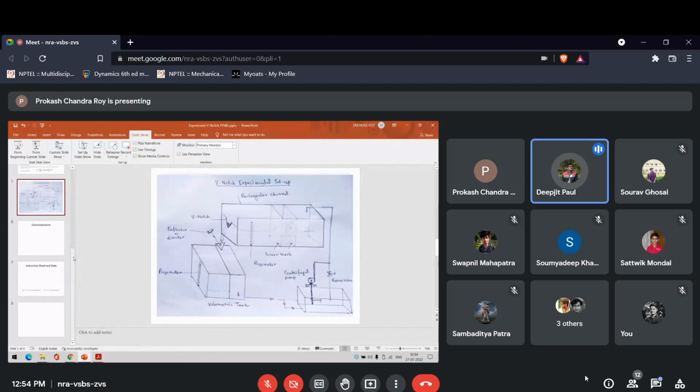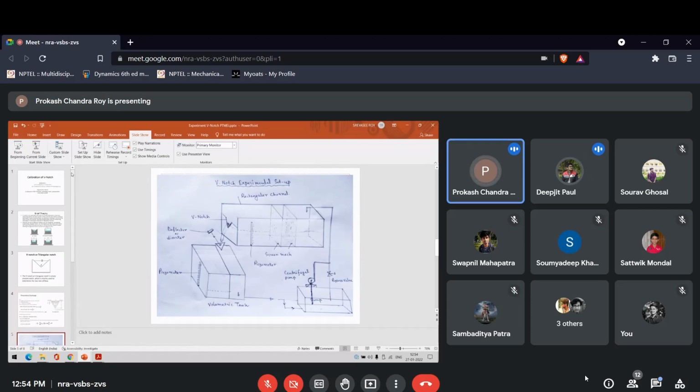So we have to print out that observation table, and we have to put the schematic diagram, sample calculation, those are the things you need to write. Okay. Five or six pages, maximum. And you need to attach the instruction sheet also in a single PDF file.